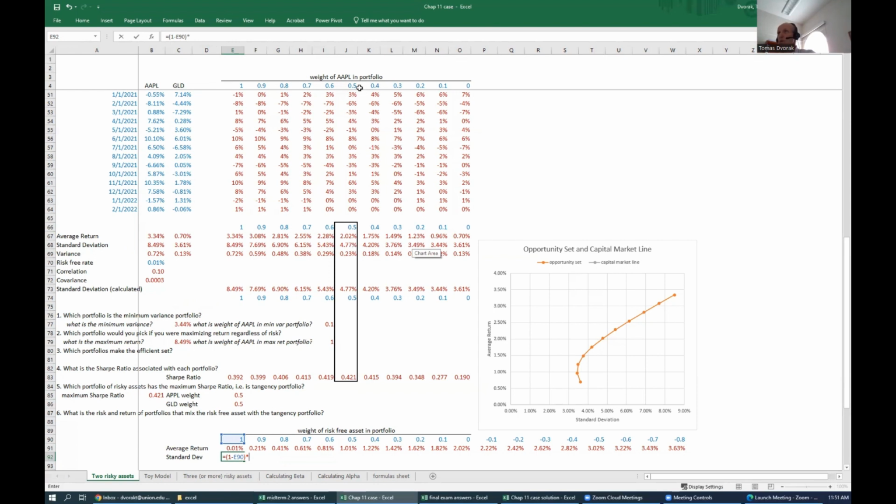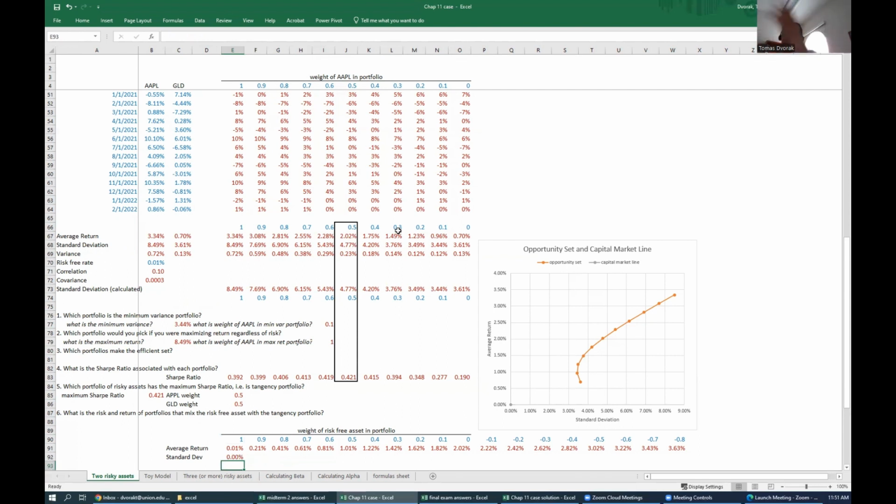And the standard deviation of the tangency portfolio is this number right here. And that number we need to lock, as we're always going to be mixing different weights of a risk-free asset with the tangency portfolio. The standard deviation of the tangency portfolio is that number, 4.77.